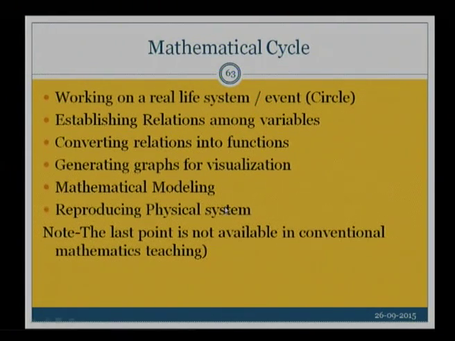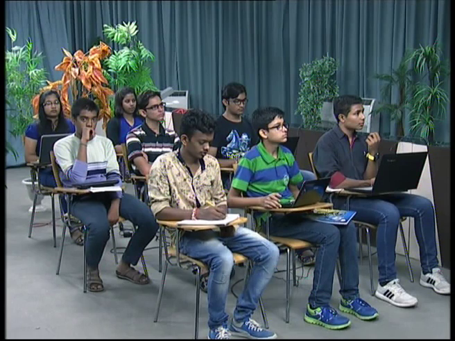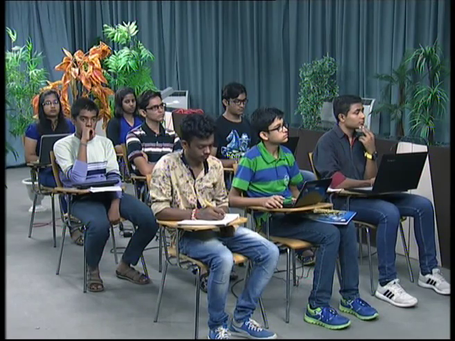And lastly, reproducing the physical system. This is missing actually: reproducing the physical system. So, if you want to reproduce a physical system, you cannot do it manually; you have to take help of computers or other gadgets. Okay. And I will give an example of this. From childhood, when we are growing up, we learn so many formulas, and the formula of a circle is one of them, is it not?